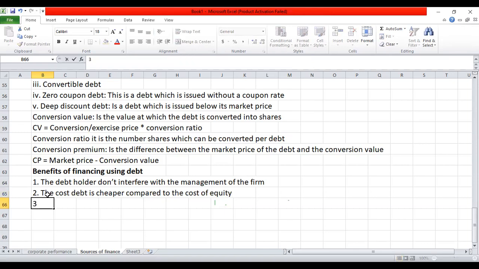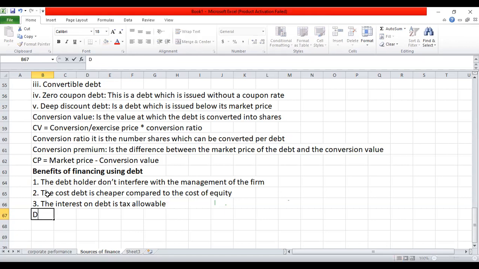Number three, the interest on debt is tax allowable. The interest you pay on debt is tax allowable, and others you can look at them.